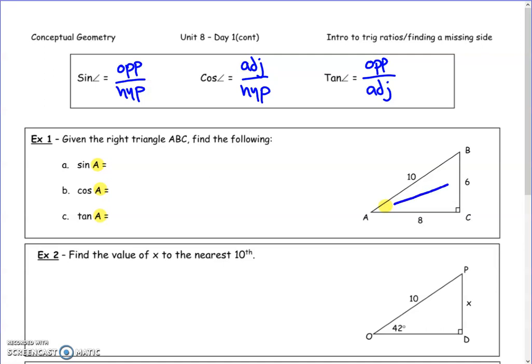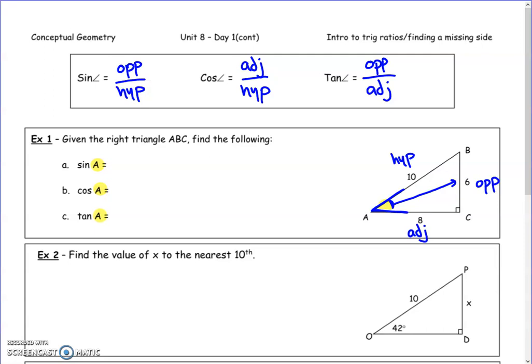Well, across from angle A is the opposite side. So 6 represents the opposite. 10 is the longest side. It's across the right angle. That's my hypotenuse, which makes 8 my adjacent. And again, just remember, the angle we're talking about is always made up of the adjacent and the hypotenuse.